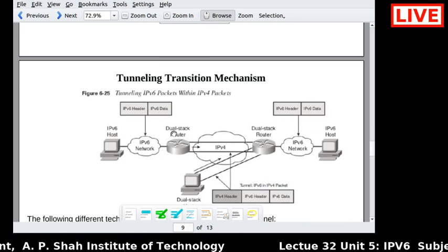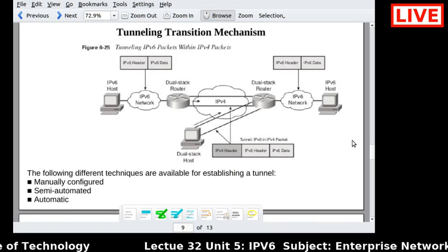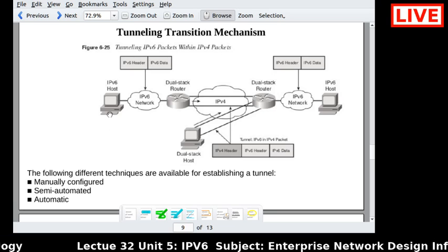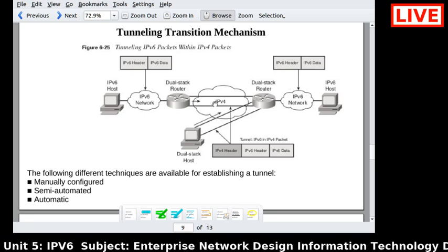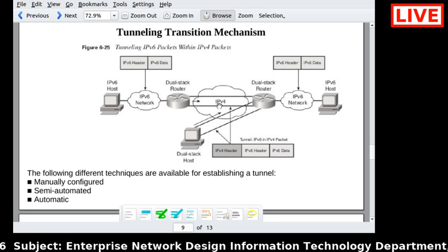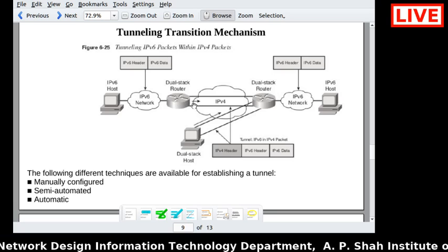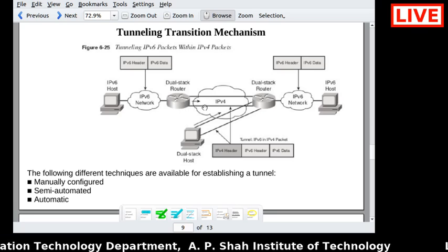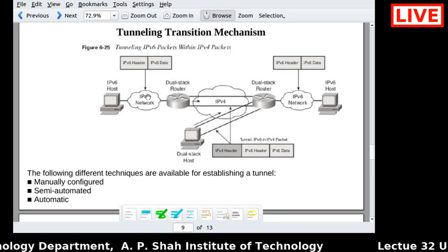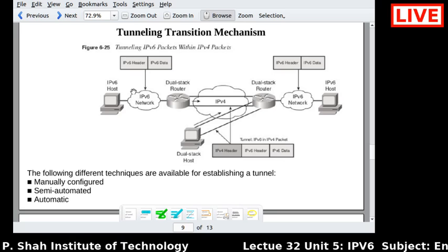Then we have the tunneling transition mechanism. The purpose of this tunneling is to encapsulate packets. Whenever you are going to transition to IPv6, this tunneling will encapsulate the IPv6 packets into your IPv4 packets.